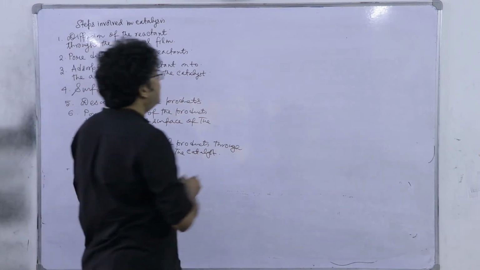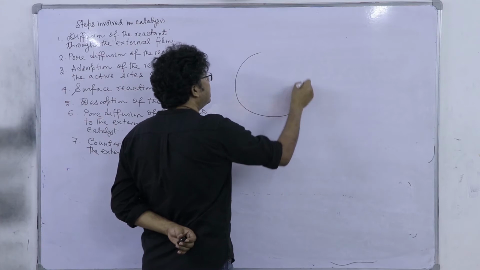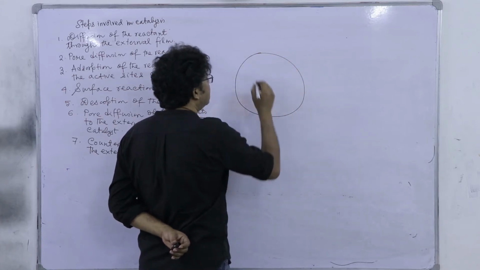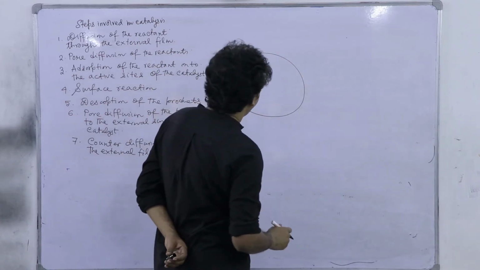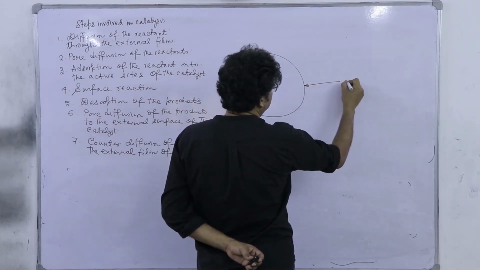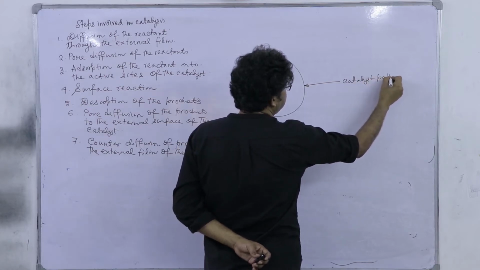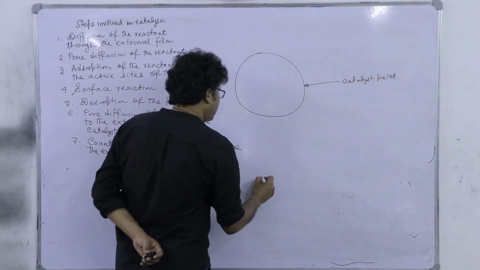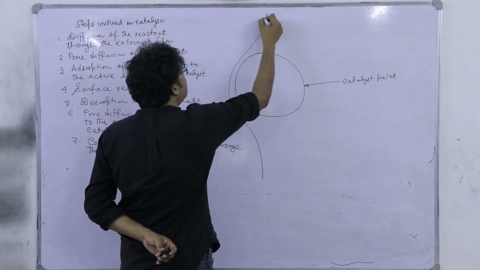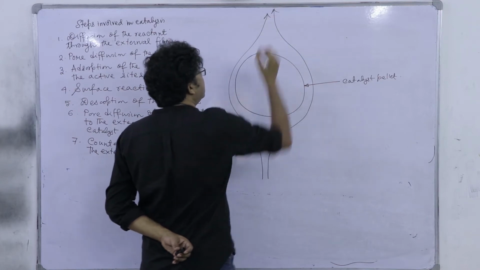If we try to represent it pictorially using a scaled up drawing of the schematic of this catalyst pellet, this is the catalyst pellet, and here we have the streams of the reactant flowing.